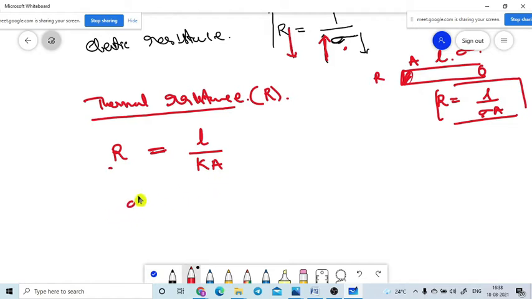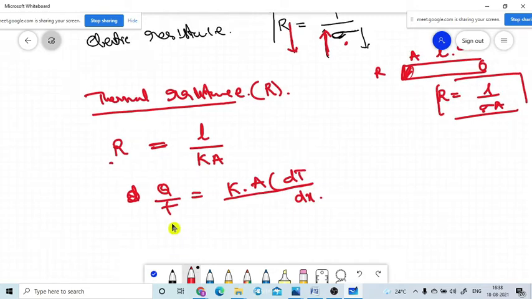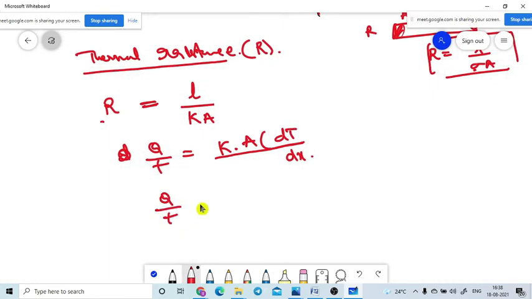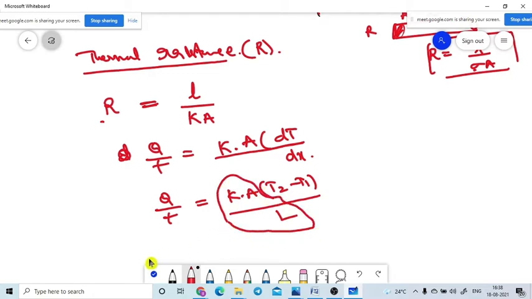Q divided by T is equal to K into A into delta T divided by delta X. This is the basic formula we are having. Otherwise, with the same formula, we can write Q divided by T is equal to K into A into T2 minus T1, the change in temperature, divided by the length of the substance. This is where we start. See, this is the label. This formula we needed. Are you getting that or not?